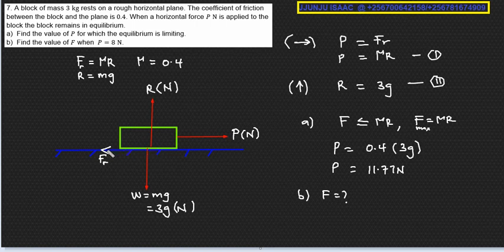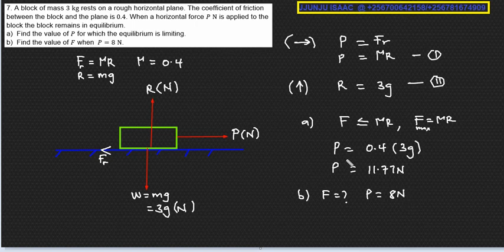But now we shall see that the force is reduced. When the force is reduced to 80 newtons, what is the value of F? Okay, so P is 80 newtons.